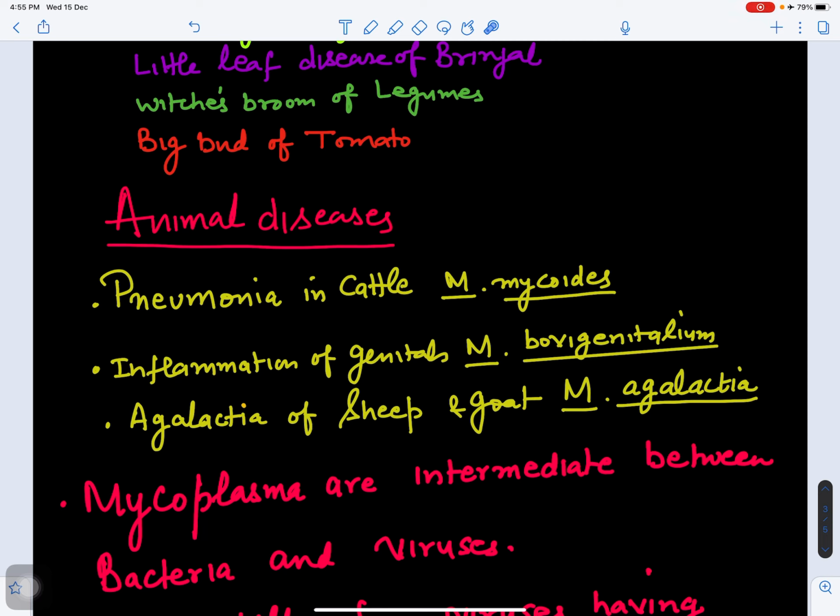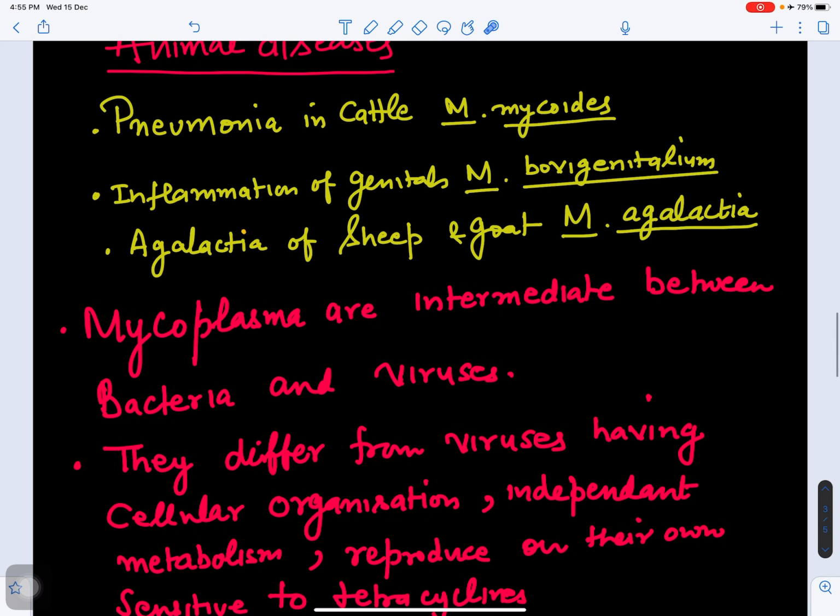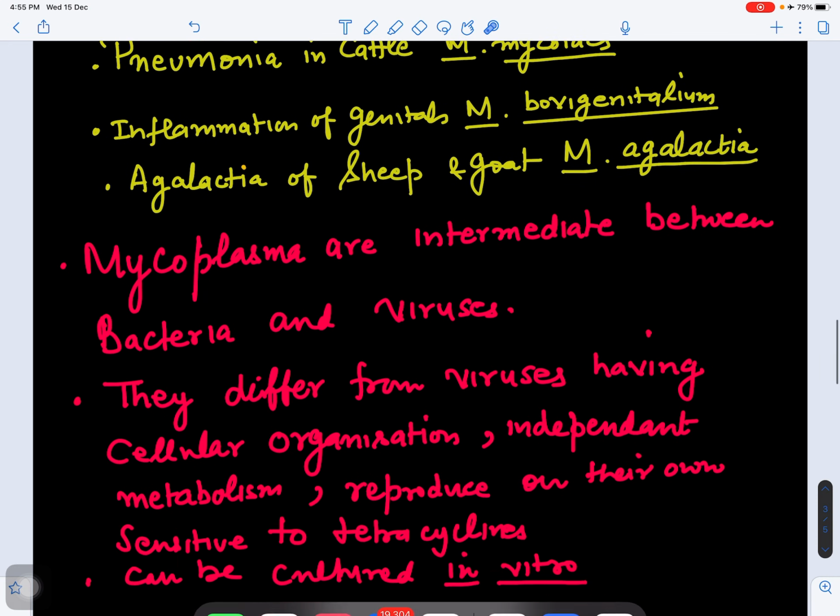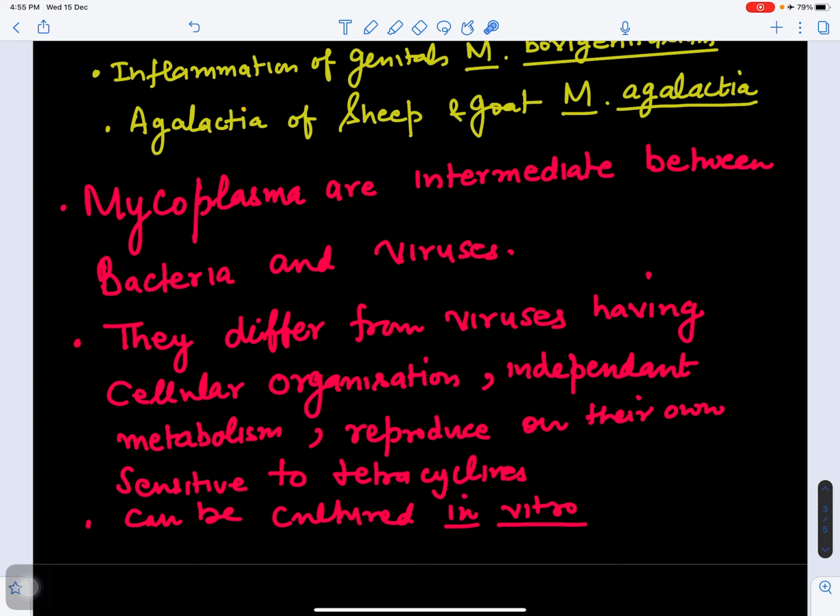So if we see mycoplasma, we have seen that they are the simplest free living microorganisms which can only be seen under the microscope, and they have DNA and RNA as their genetic material. If we see their structure, it is intermediate between bacteria and viruses. They don't completely resemble bacteria, nor viruses. They are prokaryotic in nature.